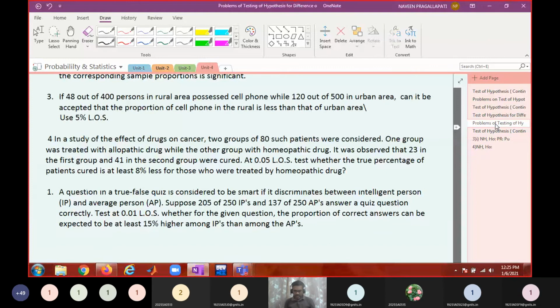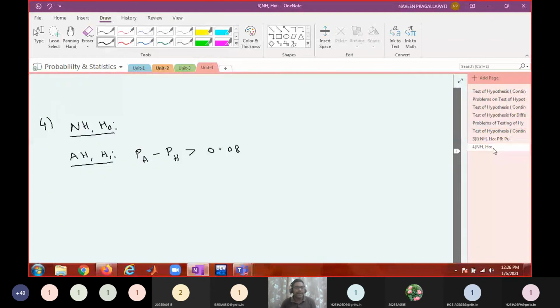How much? 28.75, almost 29%. Next, 41/80, 51%. So 29%, 51%. It is more than 8% only, no? Yes. So that means we could believe this statement, right? So the significant differences are more.